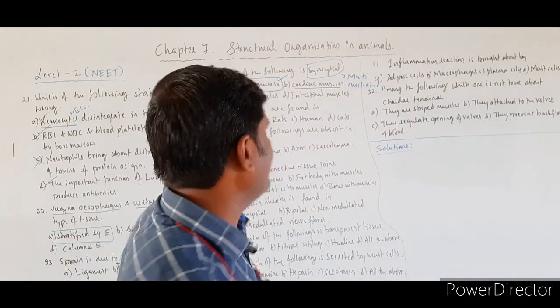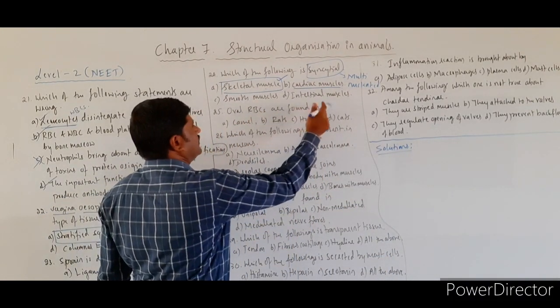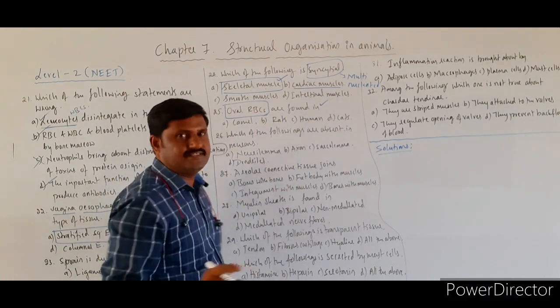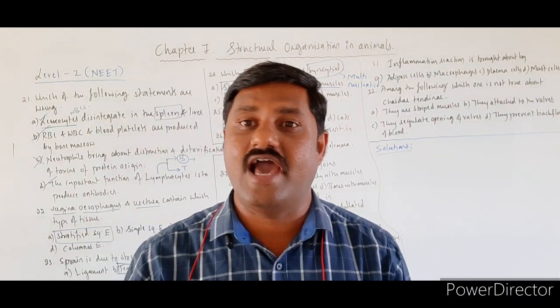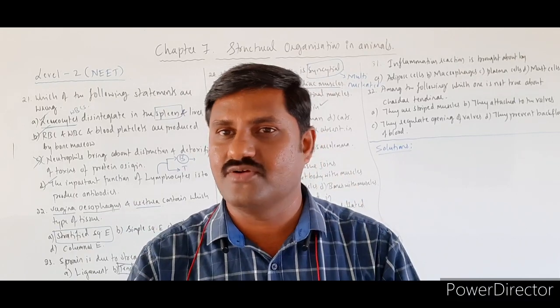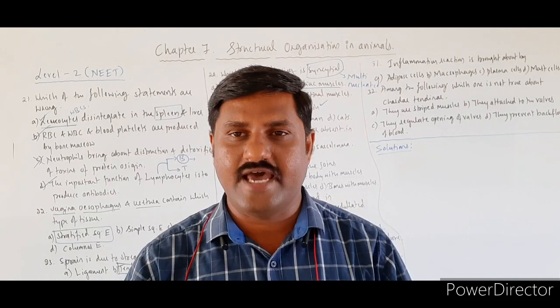And the next one: oval RBCs are found in, a very important question. Oval RBCs are usually found in camels. In the theory part I explained this thoroughly when going through the erythrocytes.